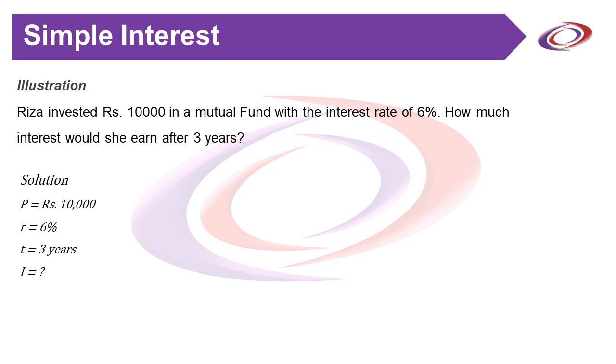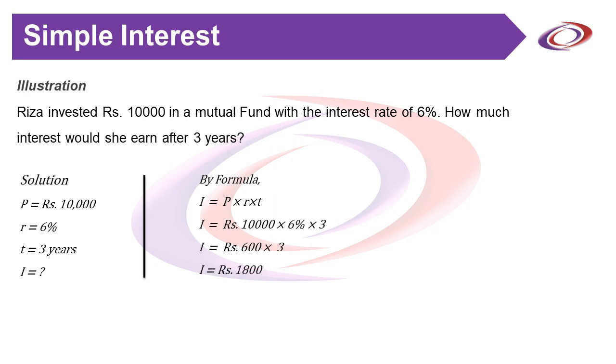Here, given that P is rupees 10,000, R is 6%, T is 3 years, and I, that's interest, is what we need to calculate. Since nothing is mentioned in this question on the type of interest rate, we consider it as simple interest. Here, we will apply the simple interest formula.